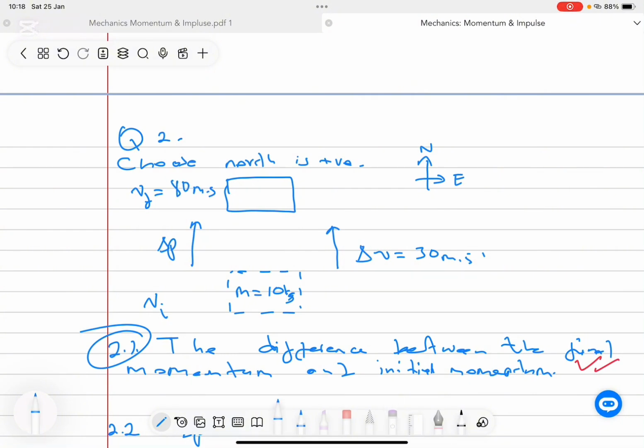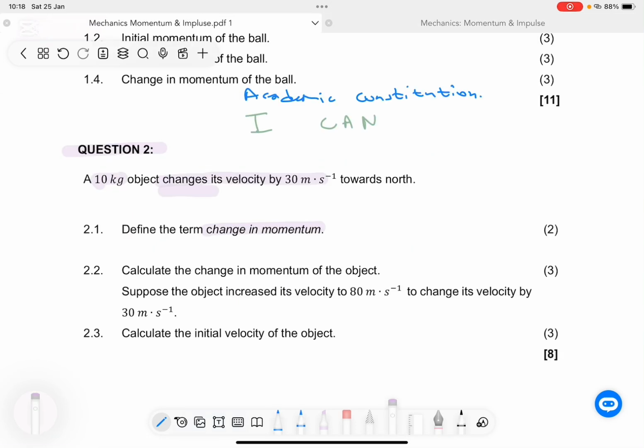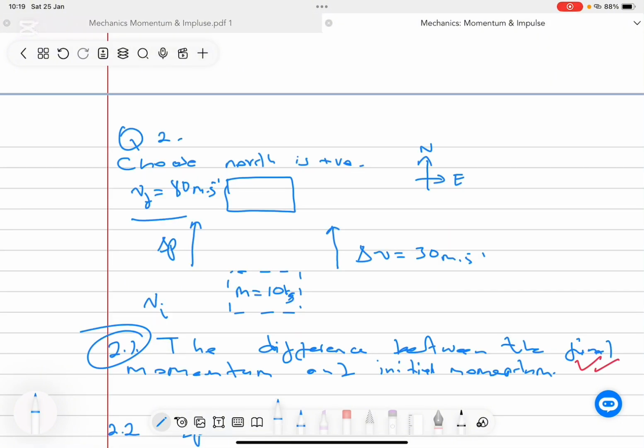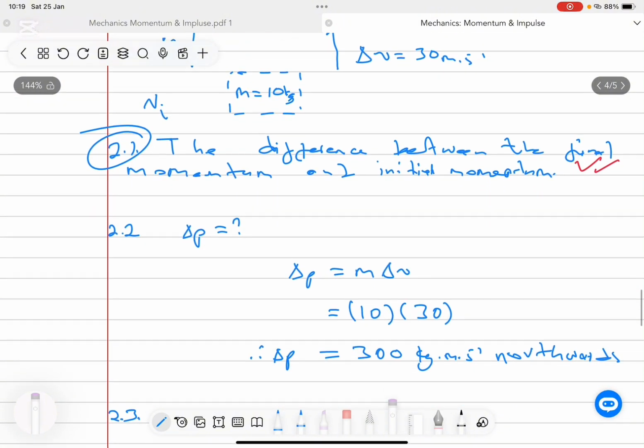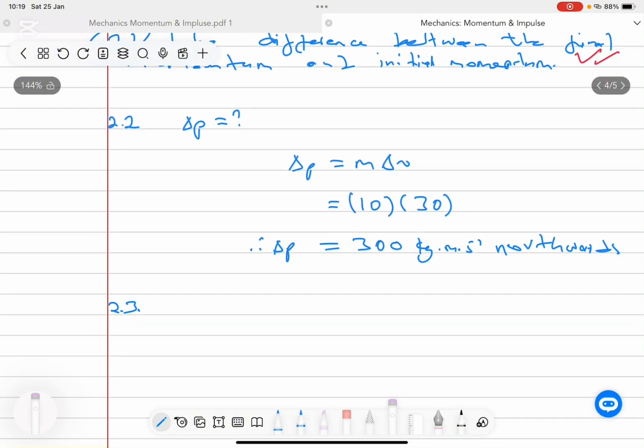So this means we are given the final velocity as 80, because that is what we have increased to, from the initial velocity, so that we can have this change in velocity. So we are given 80 meters per second as the final velocity there.